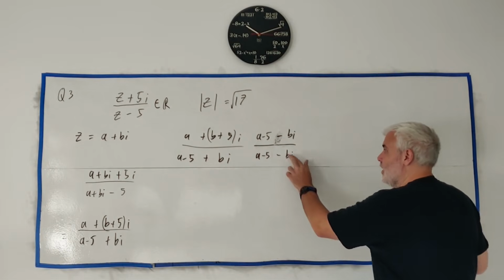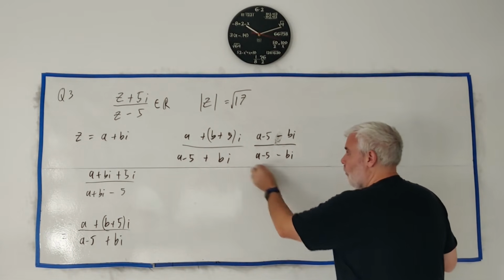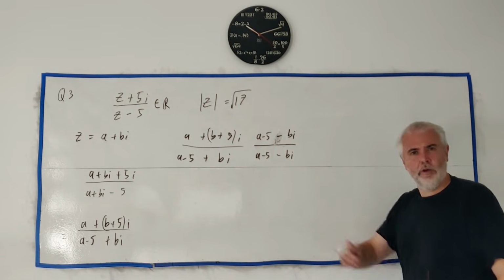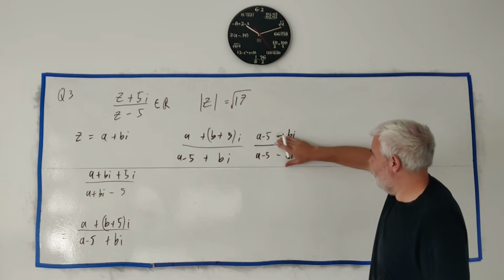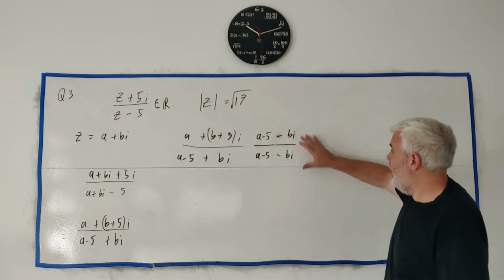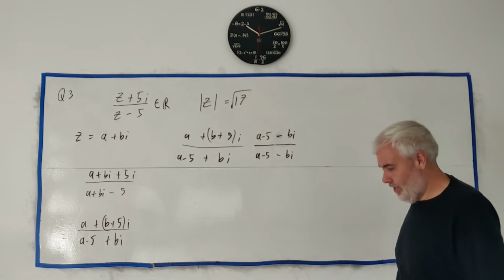Hopefully you remember this. This is the conjugate of this one. We've just changed the sign of the imaginary part. But what I think a lot of students forget to realise is this is all 1. That's why we're allowed to do it. This is just the same number divided by itself.